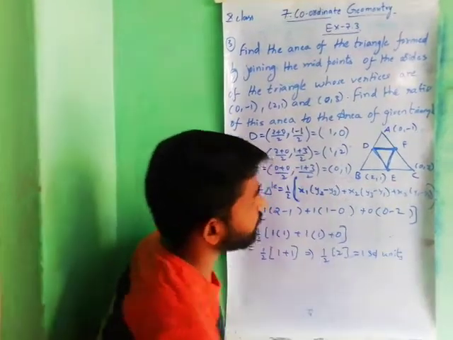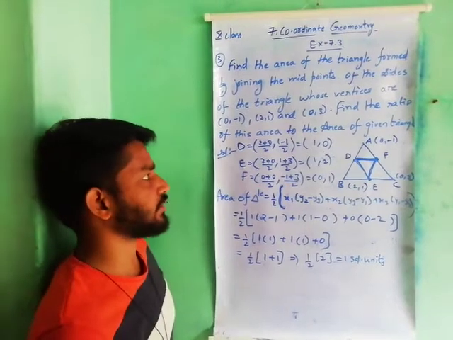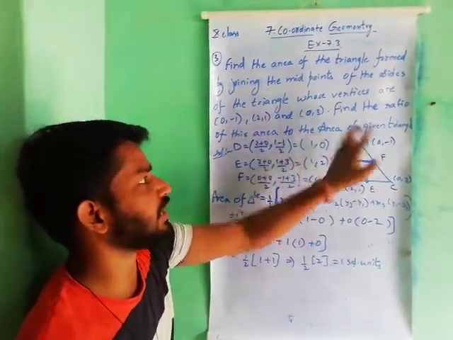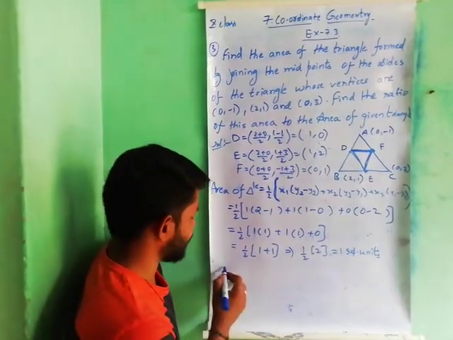What is the area of the triangle formed by the midpoints DEF? 1 square unit. Finally, find the ratio of this area to the area of the given triangle. Okay, ratio we have to find out.